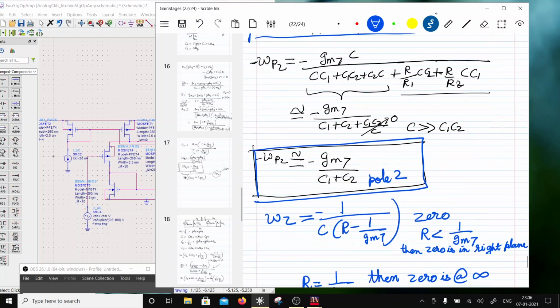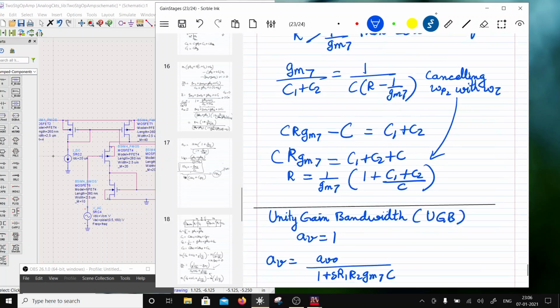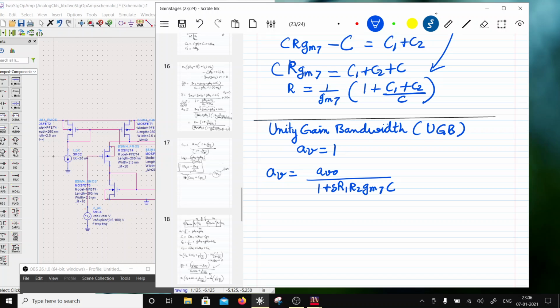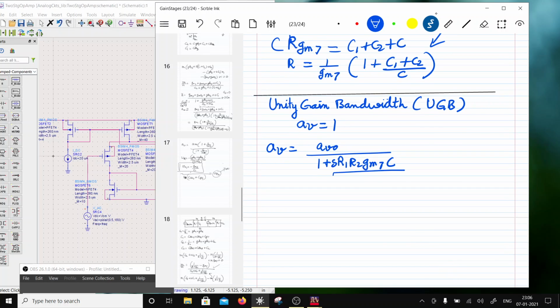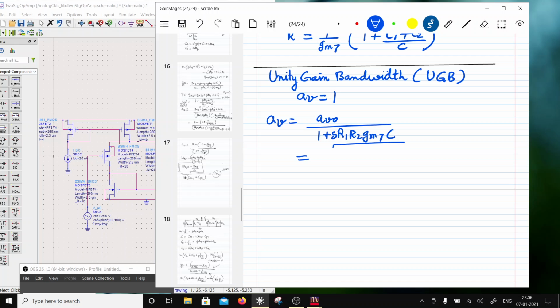R1 R2 GM7 C. And let's assume that this number is much larger than 1, because S goes up, right? So I'll have AV0 over S R1 R2 GM7 C.